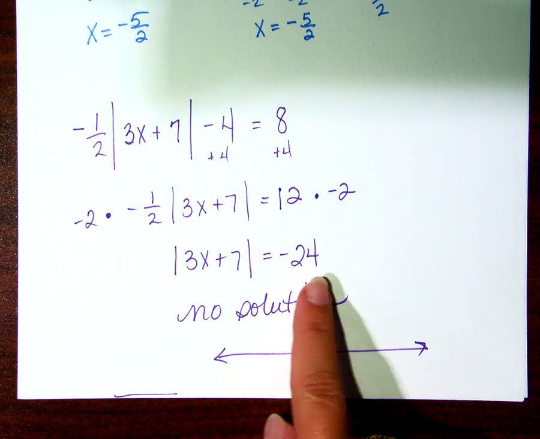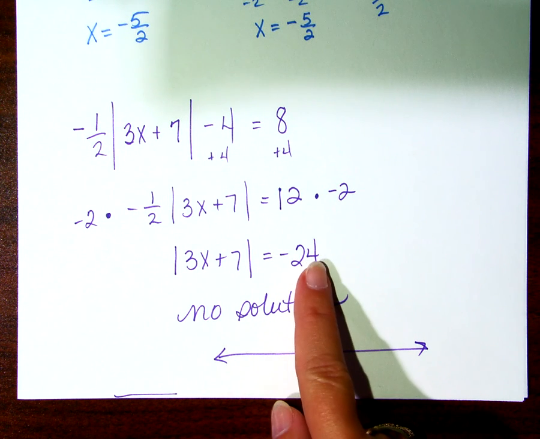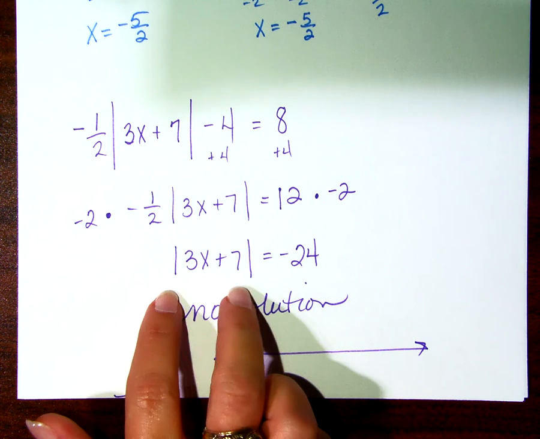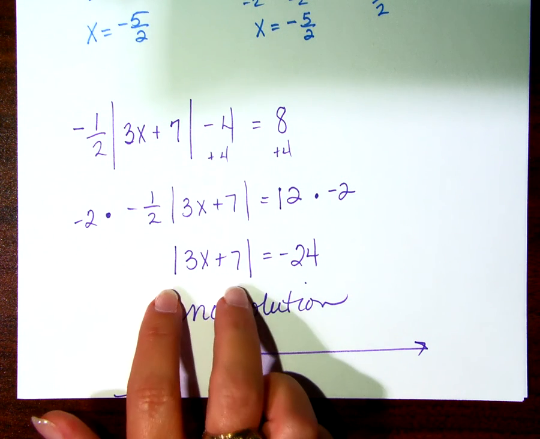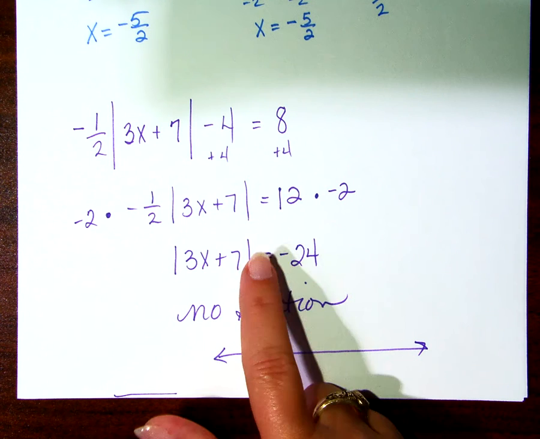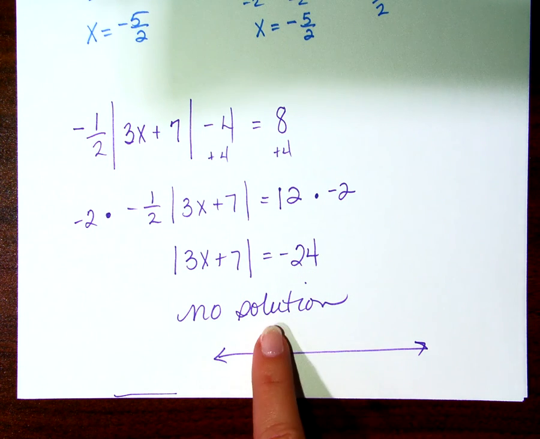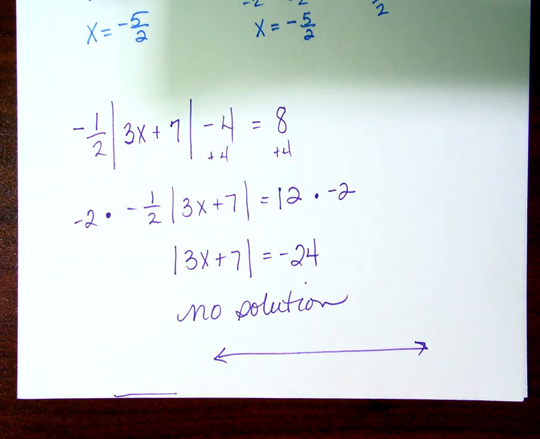And if I add 30, that's not negative over here anymore. So isolate your absolute value. Once your absolute value is isolated, if it then equals a negative, then no solution. Any questions? Got it?